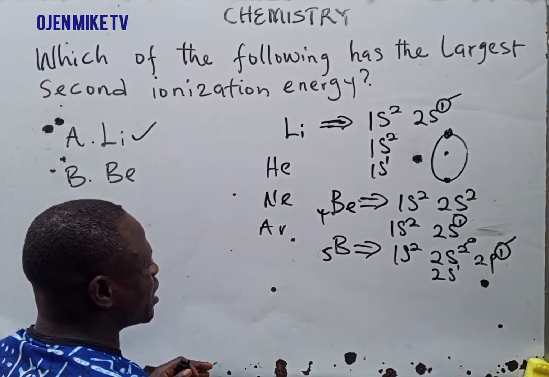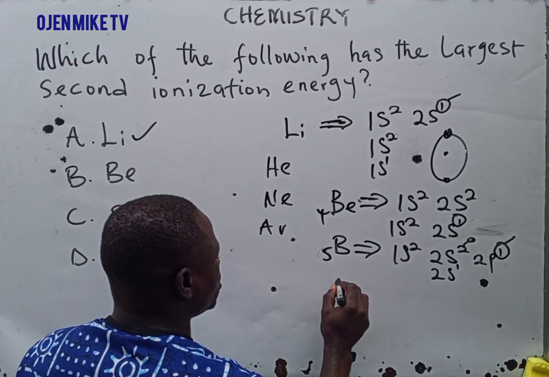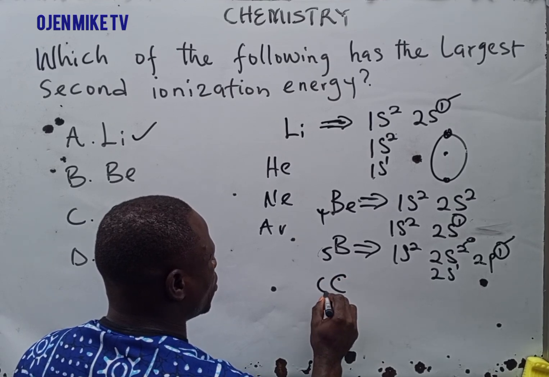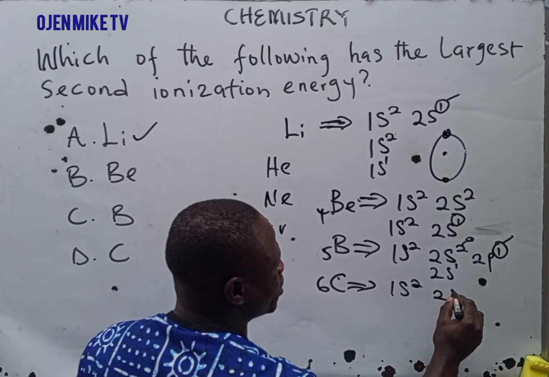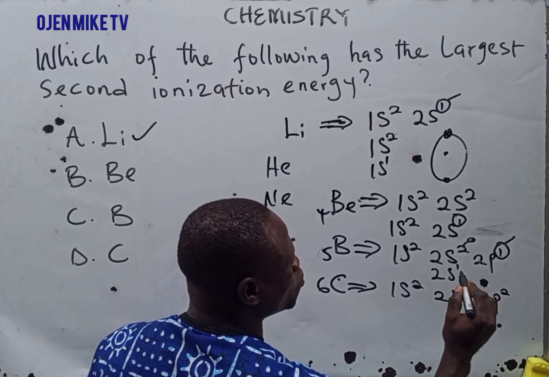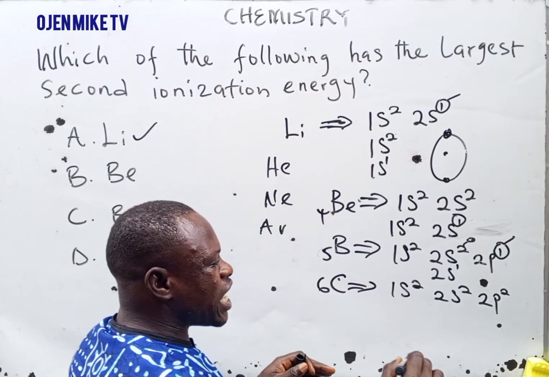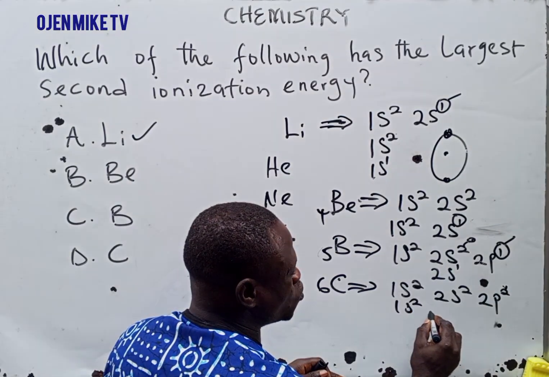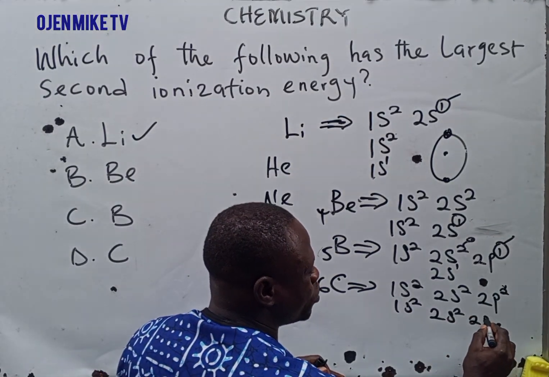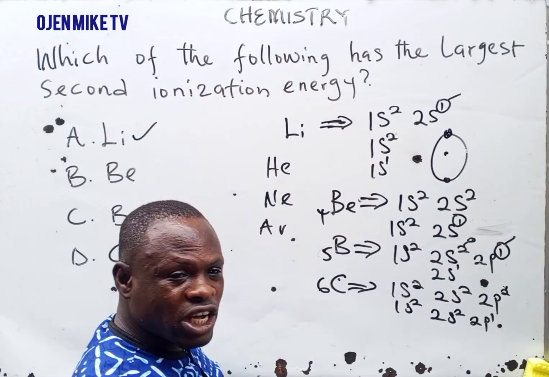Let's go to the next one. Carbon has atomic number 6, with electronic configuration of 1s2, 2s2, and 2p2. Now the first ionization energy, you are removing one from the p, so 1s2, 2s2, and 2p1. That is the first ionization energy.